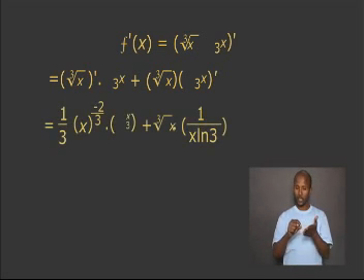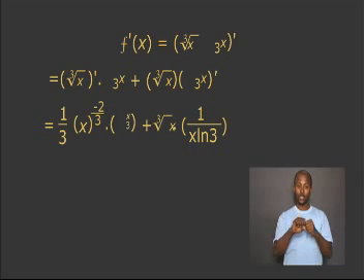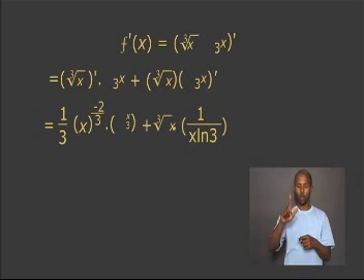Written another way, this is 1 over 3 times x to the power of negative 2 over 3 times the logarithm of x to the base 3 plus the cube root of x times 1 over x times the natural logarithm of 3.